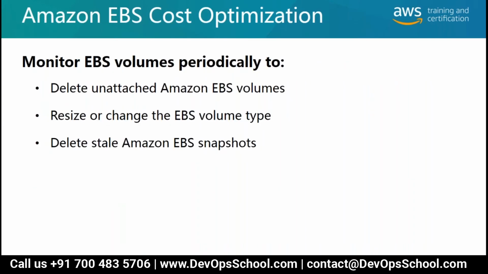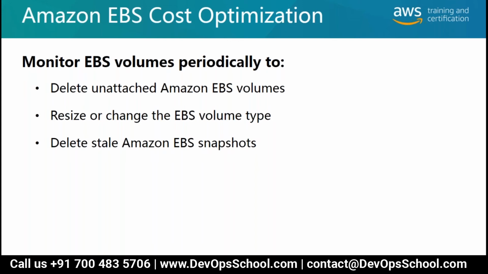So these are things you want to consider for Amazon EBS cost optimization. Monitor EBS volumes periodically. As I told you, you don't want to store it for a long time. You want to monitor them periodically. Delete any unattached EBS volumes. If there are EBS volumes which are not associated with any EC2 instance, you should rather delete them.